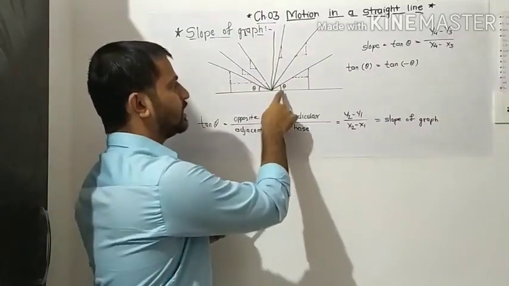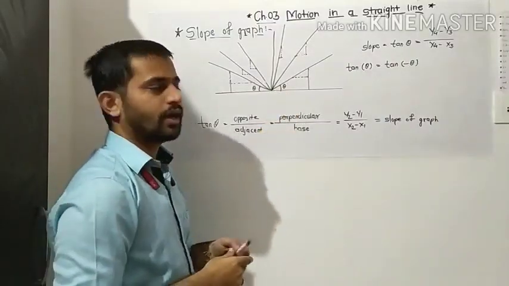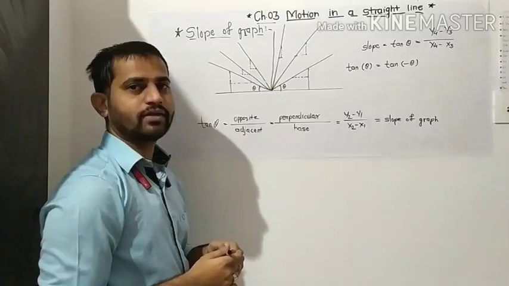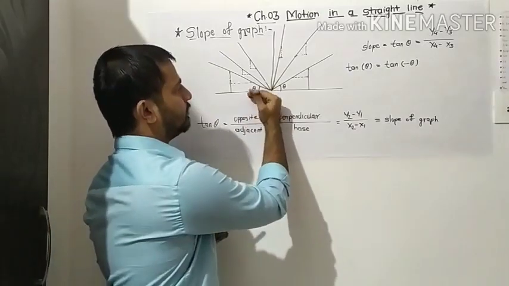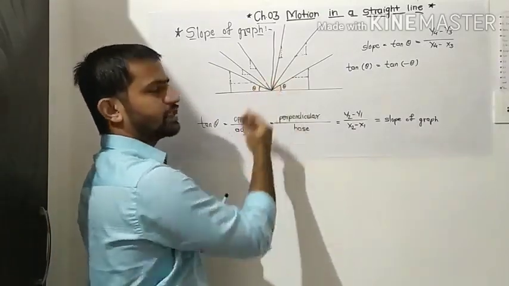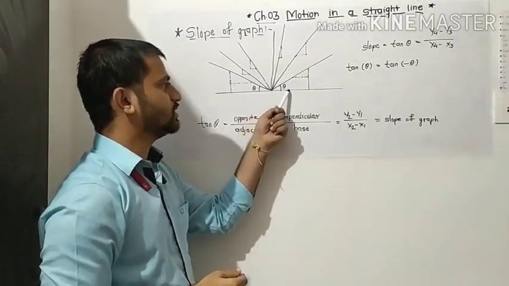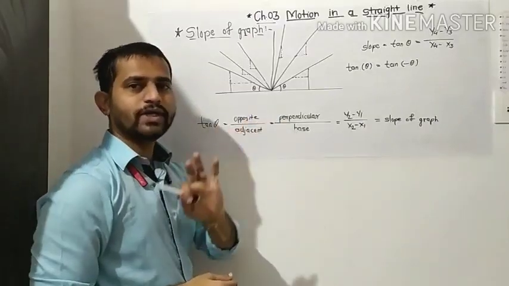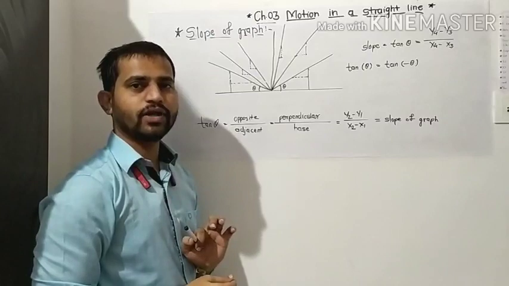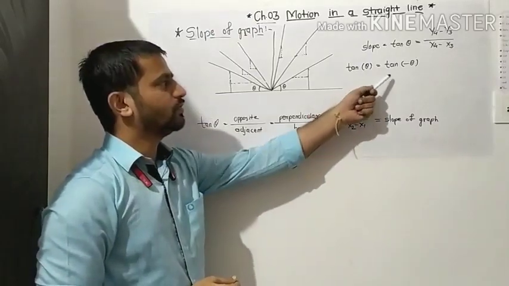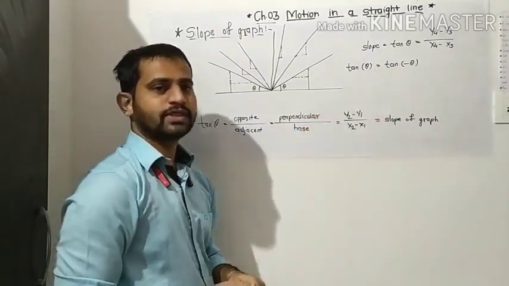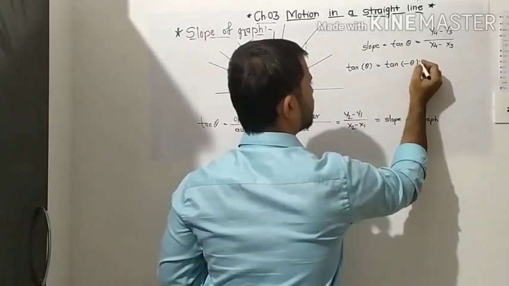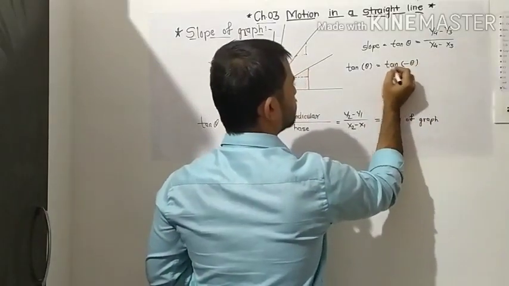It means if this angle is 45 degrees and this angle is also 45 degrees, but we count one from this direction, clockwise, and the other from this direction, anti-clockwise, then if we consider either angle as negative, tan of both angles will be the same.